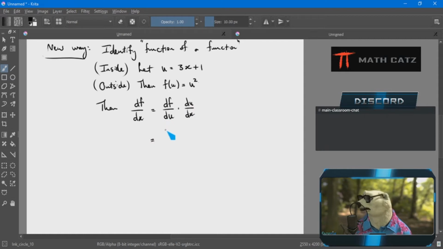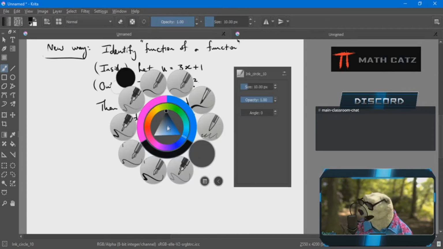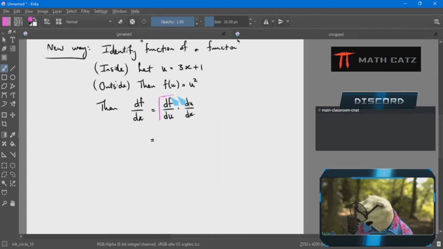Now, when I do this, I need to look at them separately, meaning when I look at the first guy, I do not care about anything else that is happening here. That'll come later. I look, what do I need to find according to the instructions of this pink box? This pink box says, look for a function f that has a variable u.